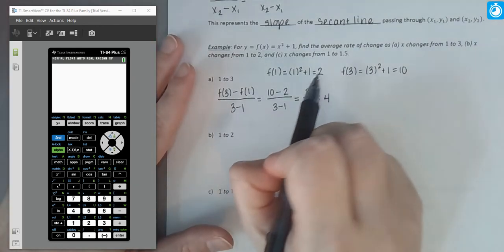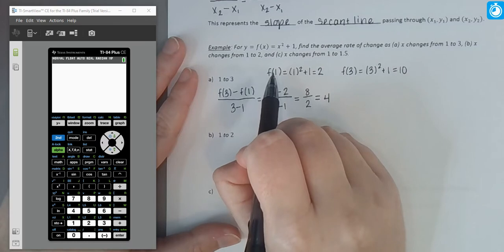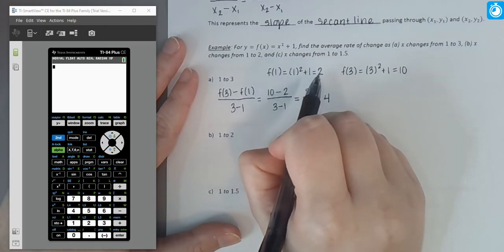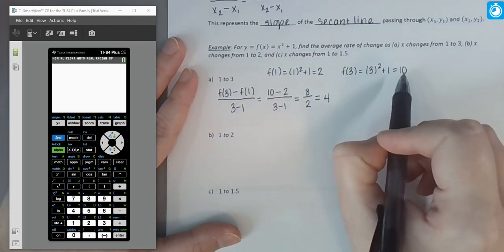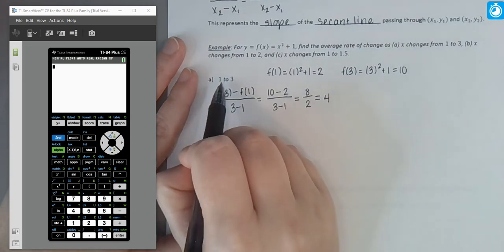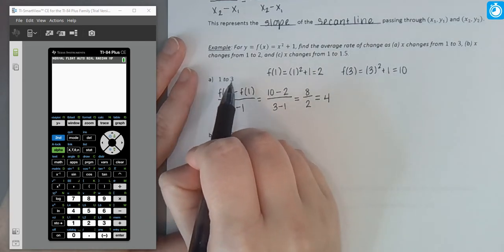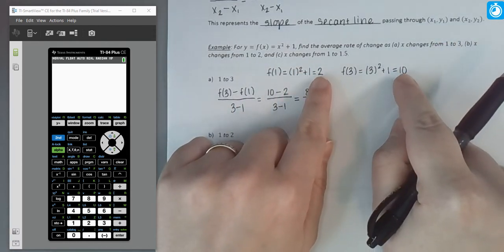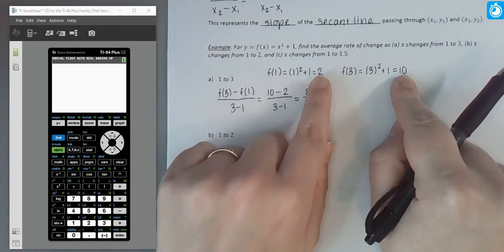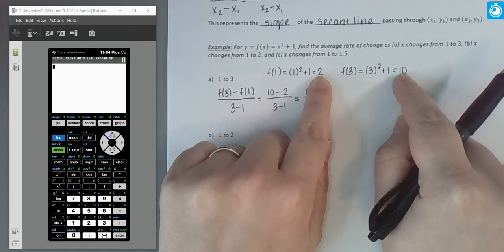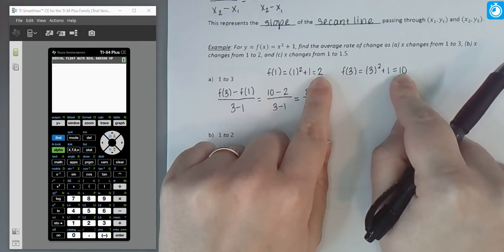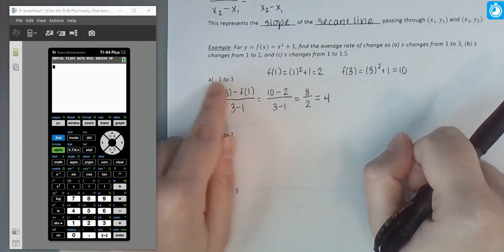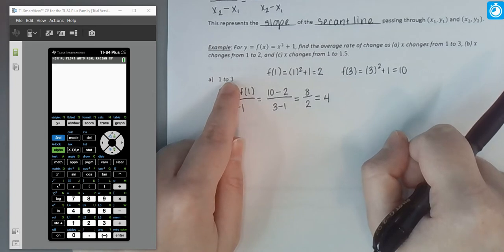So if you think about the total amount of change as we go from f of 1, which is 2, to f of 3, which is 10. In other words, we travel from 1 to 2, and then from 2 to 3. Essentially, the idea here is we're taking the total amount of change, which takes us from 2 to 10, in other words, a change of 8 units, and we divide it up over how many units we've traveled.